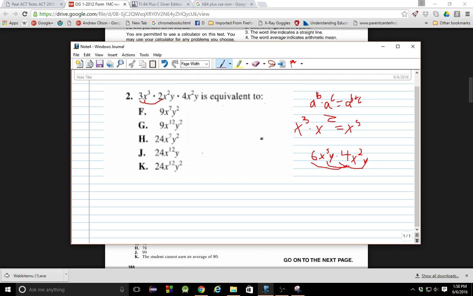So 24, x to the power 5 times x to the power 2. Remember, x to the power 5 times x to the power 2 is x to the power 5 plus 2, which is x to the power 7.